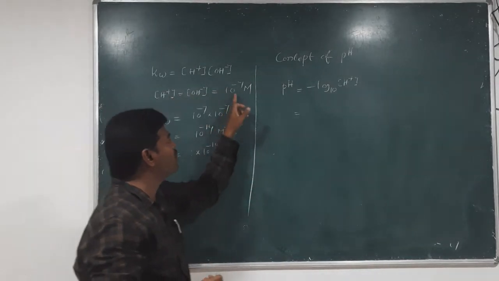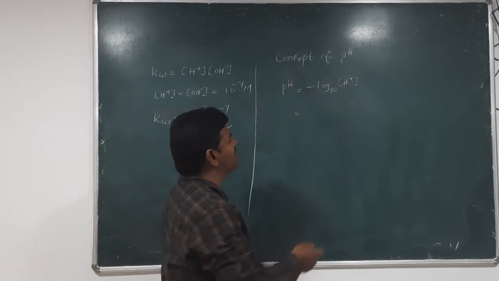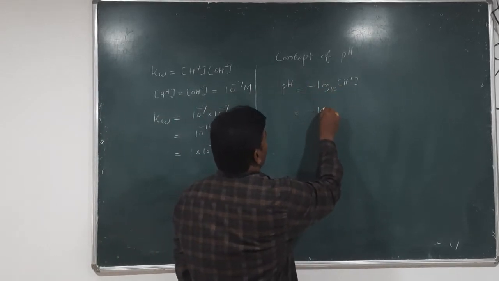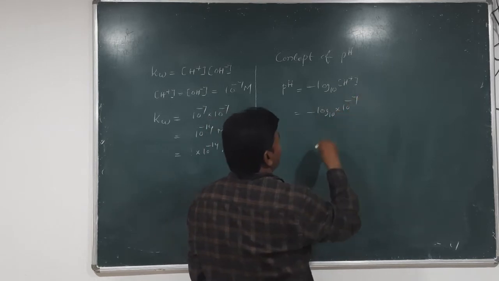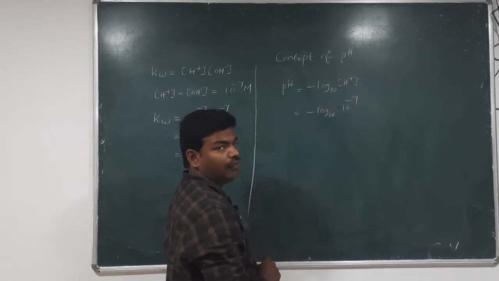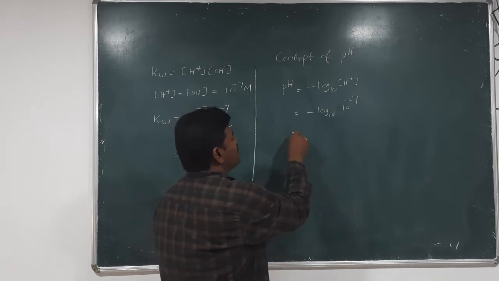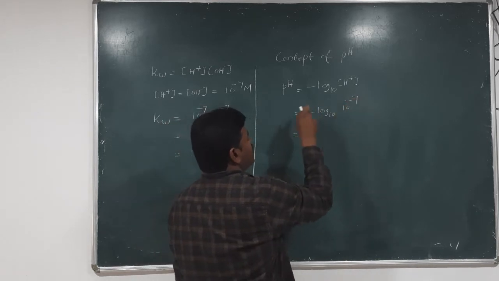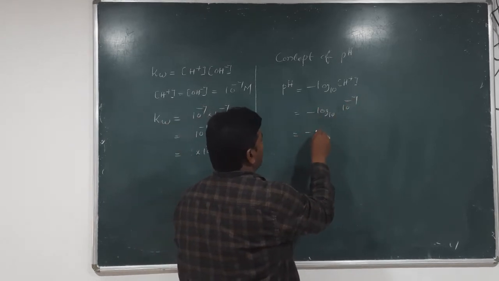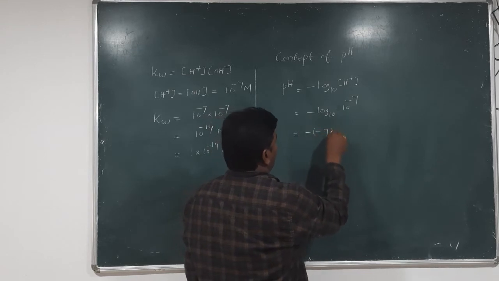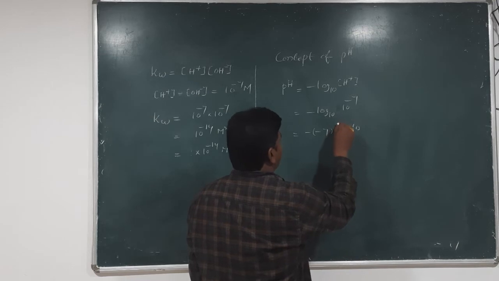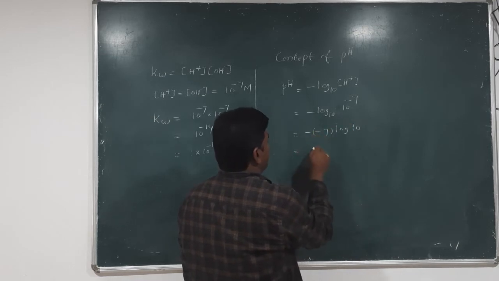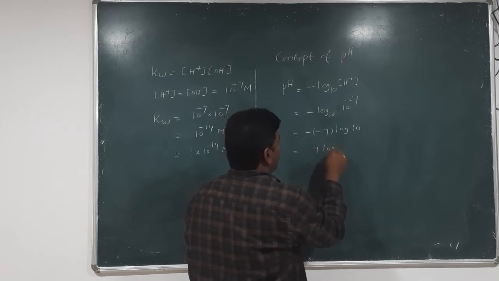So if you substitute this value in this equation, negative logarithm to the base 10 of 10 to the power of minus 7. And if you simplify this equation, the power comes before the logarithm, so it is plus 7 log 10.